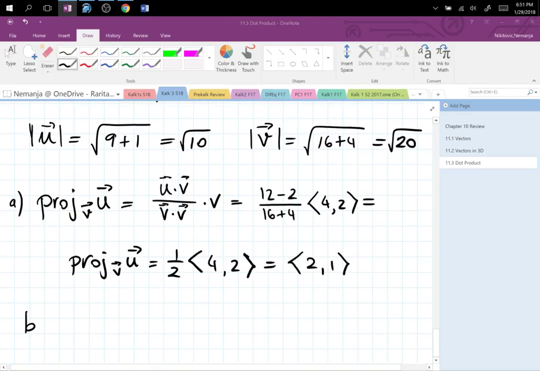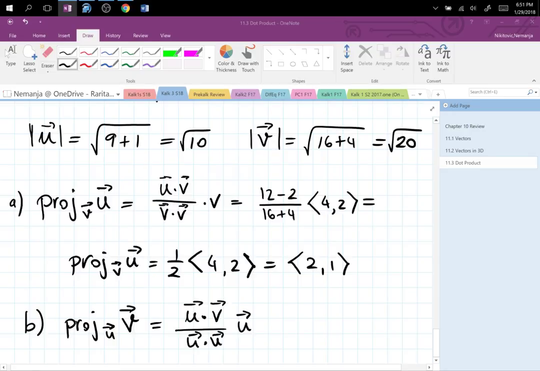Now part B is the projection of vector V onto vector U. Now the formula is still U dot V here, but now it's U's everywhere, because U is the base onto which you are projecting everything else.